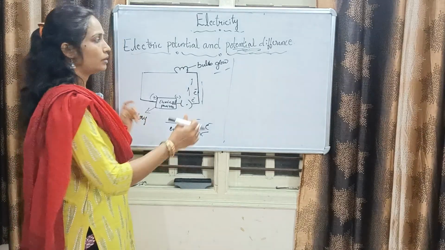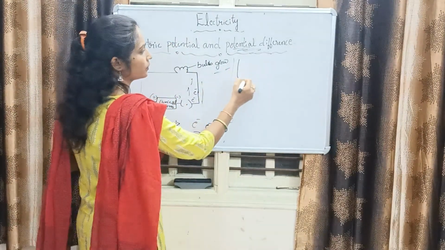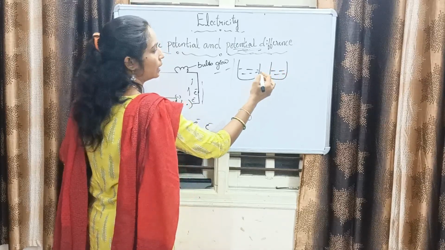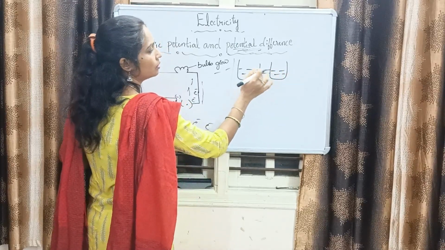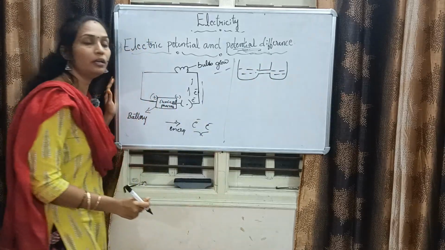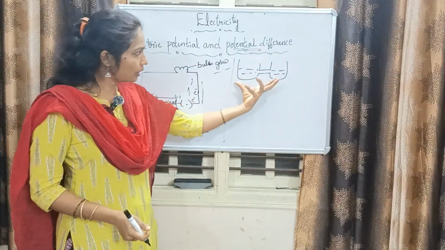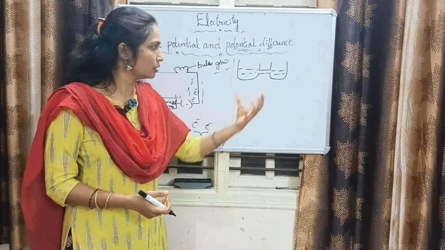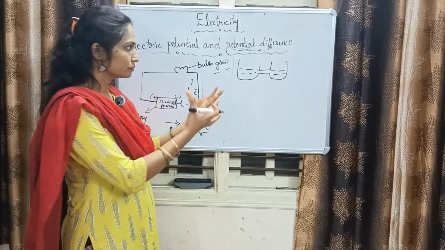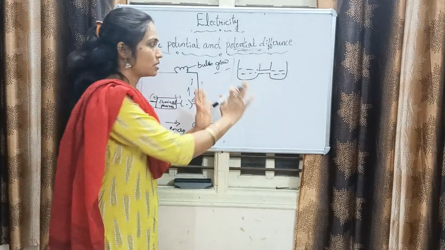Before that, I wanted to tell you something. We'll take water in a beaker. There is an opening, a connection between two beakers. Is there any passage of water in this type of connection? No, because there is no pressure.